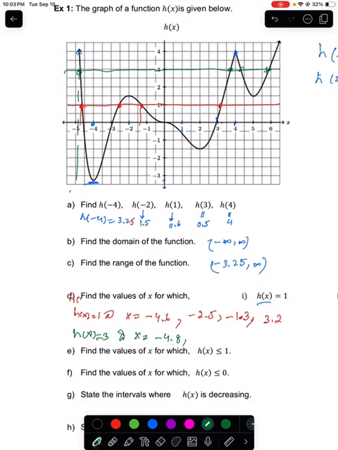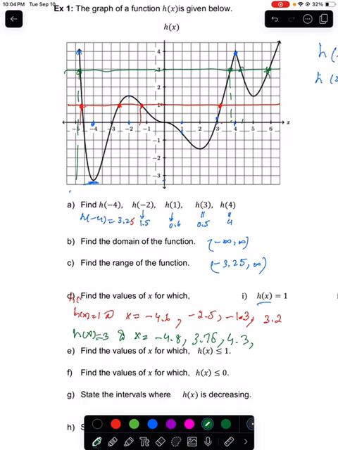Then next will be 4.3, and then last one will be 6. So these are the x values where the function takes on the value 3.